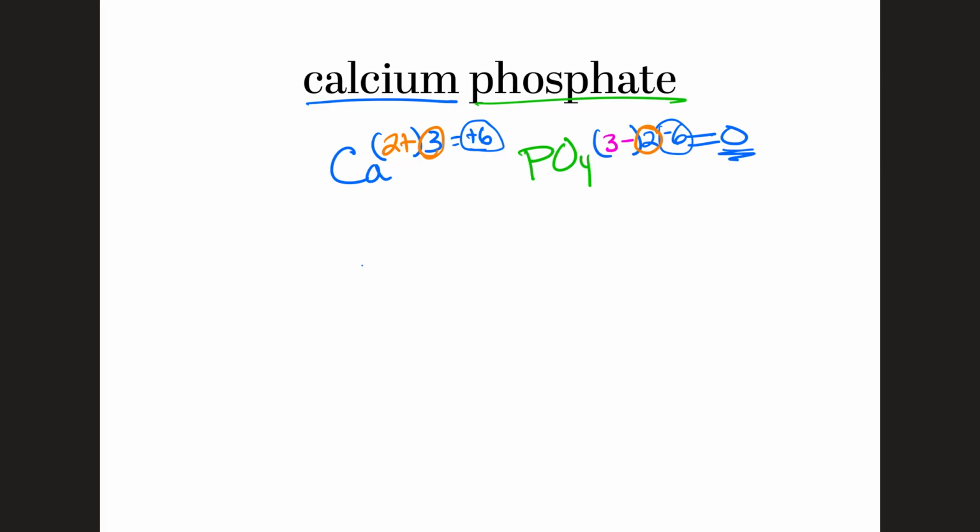If we were to write this, we would put Ca3 and PO4, 2. Since we have 2 phosphates, we have to include the entire phosphate in parentheses to show we have 2 of the PO4s. So our formula for calcium phosphate is Ca3(PO4)2.